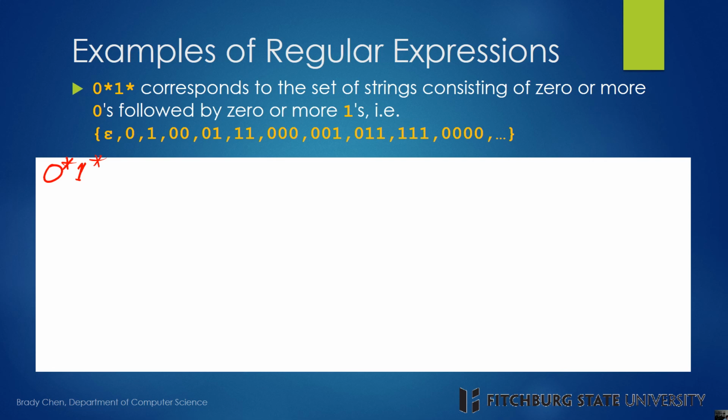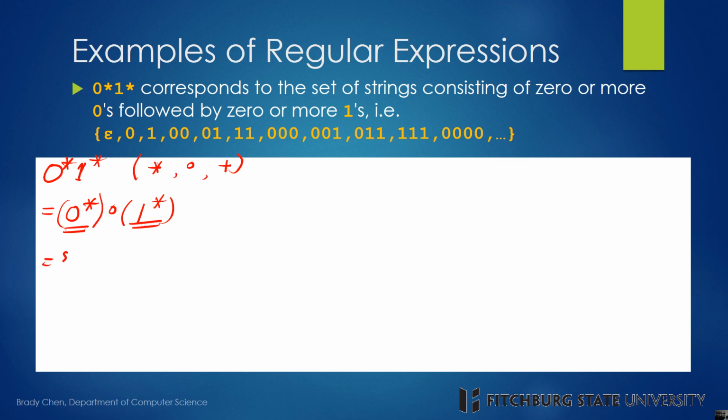We remember that the star operation always comes ahead of concatenation, ahead of union, right? So in this case, we can interpret this as 0 star concatenated with 1 star. So we always figure out the Kleene star of 0 and the Kleene star of 1.